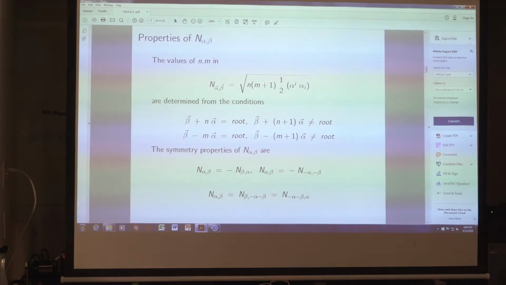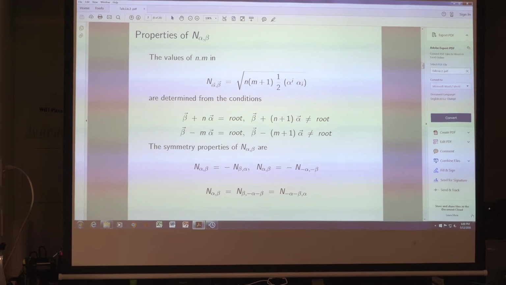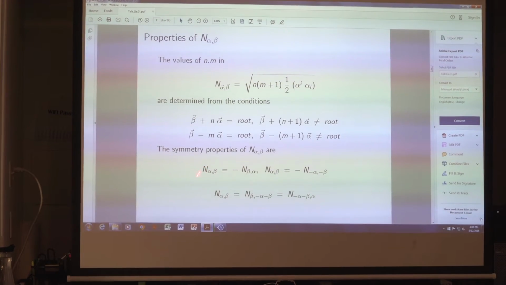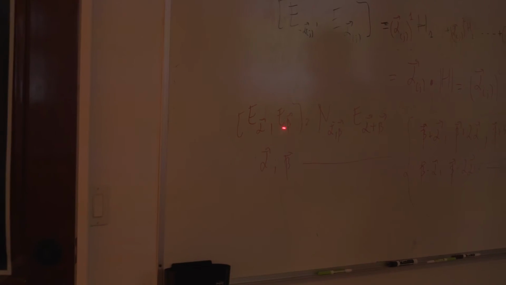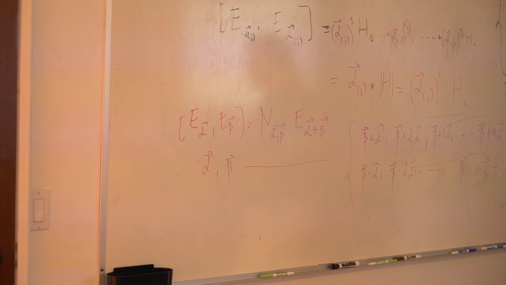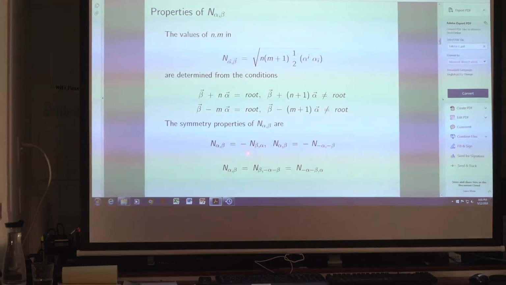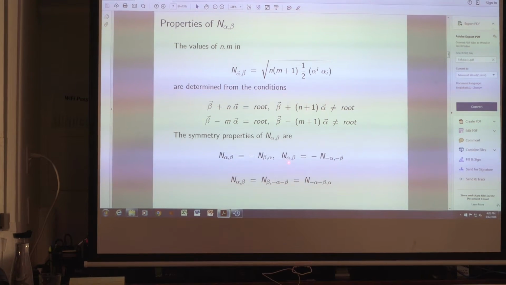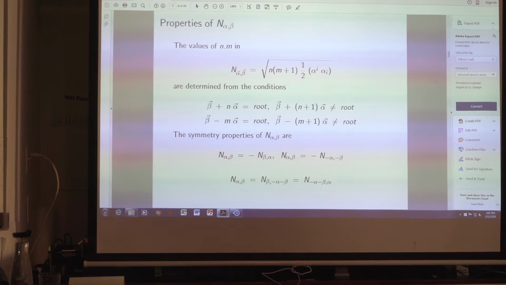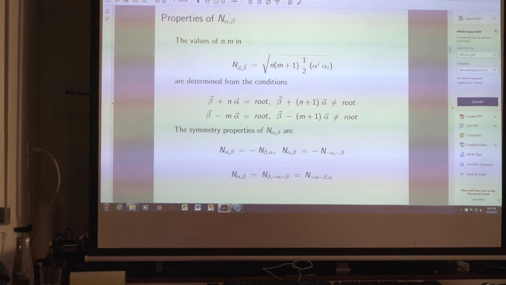So let's look at the symmetry properties of these coefficients. This is how they are defined. If you reverse the order, you're going to change the sign, because in the commutators you flip the signs. This is why you have this relationship between alpha, beta, and beta, alpha. Then here you have another interesting relation: minus, minus. If you multiply by minus 1 and by minus 1, you end up with the same thing.